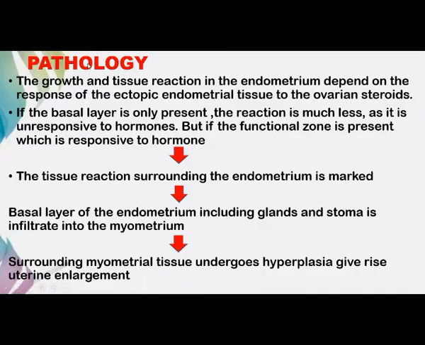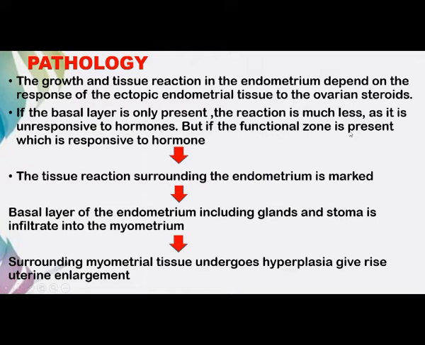Next we can see the pathology. The growth and tissue reaction in the endometrium depends on the response of the ectopic endometrial tissue to the ovarian steroids. But if only the basal layer is present, the reaction is much less as it is unresponsive to hormones.